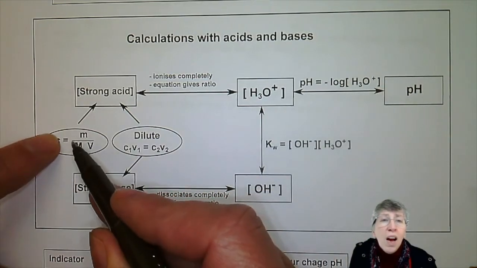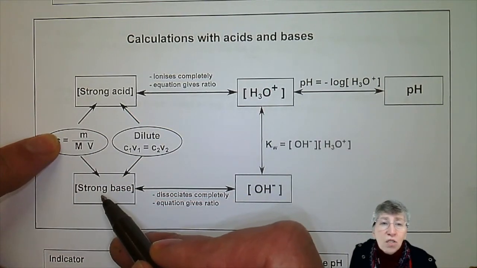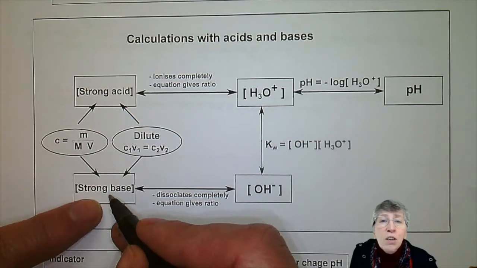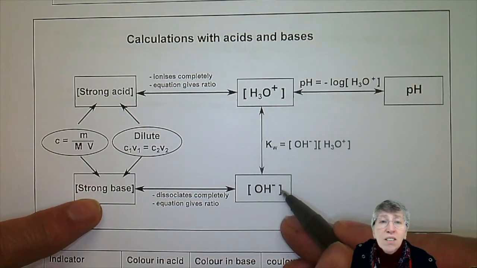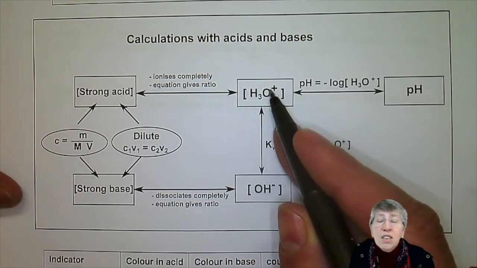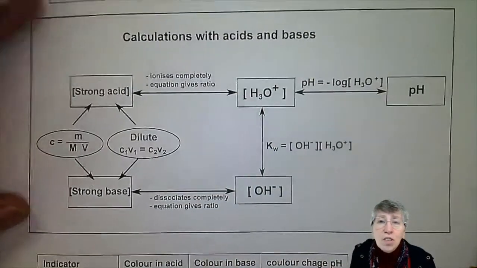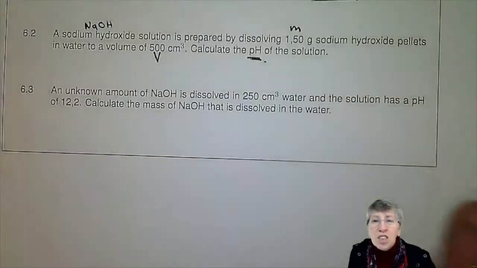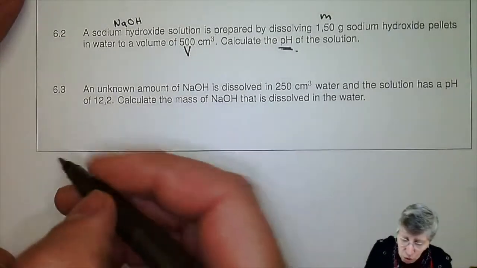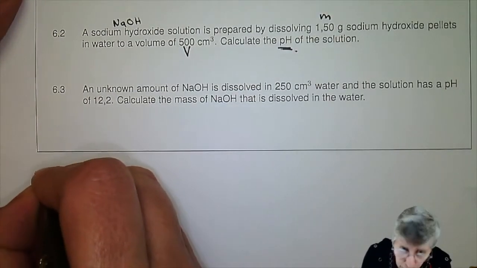So first off, I'm going to start to calculate the concentration of the base and then use that to get the OH minus, right? And then use that to get the H3O plus and then use the pH. So there's a few steps, but it's not difficult, right? We're starting off with that one, 6.2.